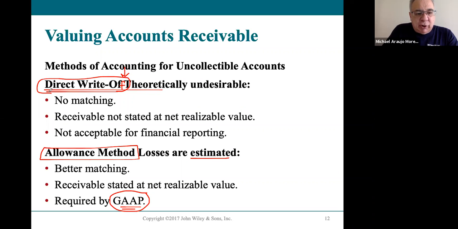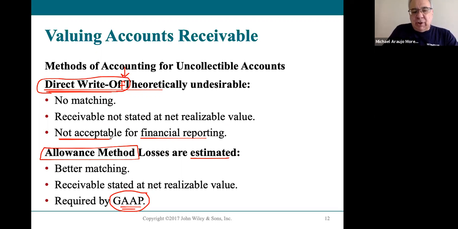They could use something called a direct write-off method, which is what I said. Just as soon as they identify someone, they can just use a bad debt expense to clear it out. The problem is that we're doing financial reporting. And if you just can randomly write off an account, it's not desirable because you're not matching up your revenues and expenses.